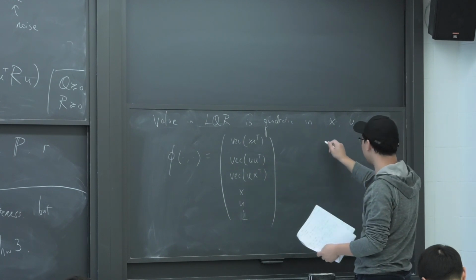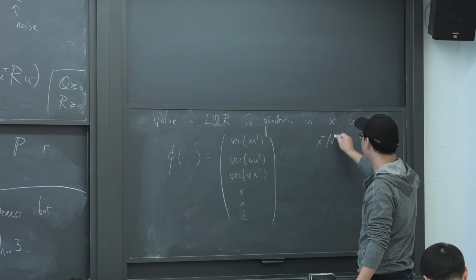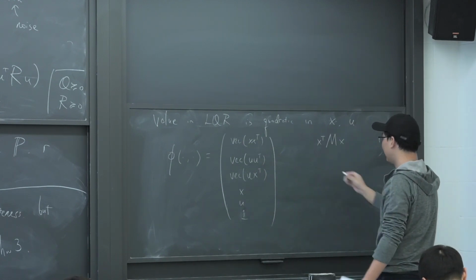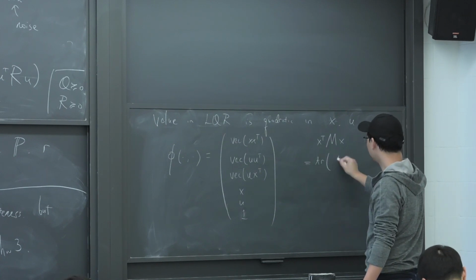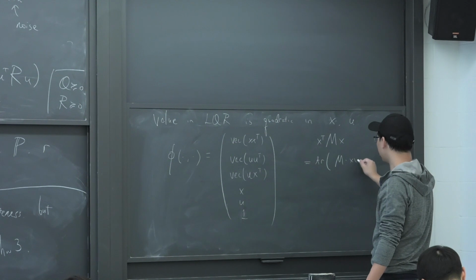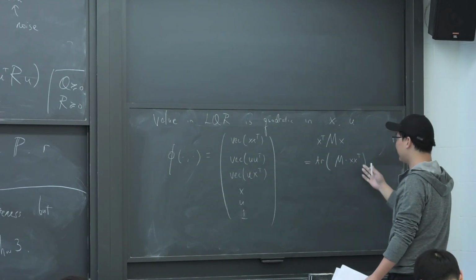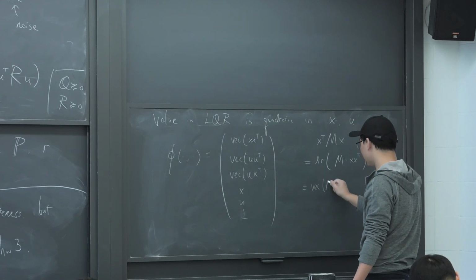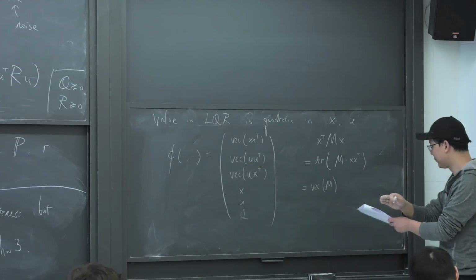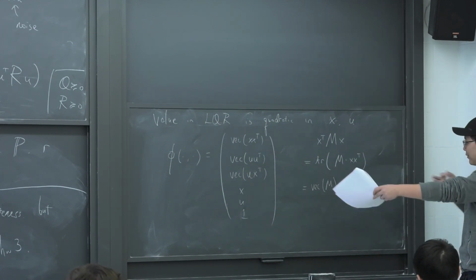So in that sense, basically any x transpose Mx, you can write as the trace of M times xx transpose. The trace of M times xx transpose is essentially just an inner product with a vectorized version of M. We can put the entire matrix M as a vector.